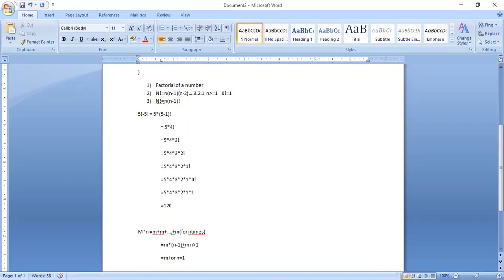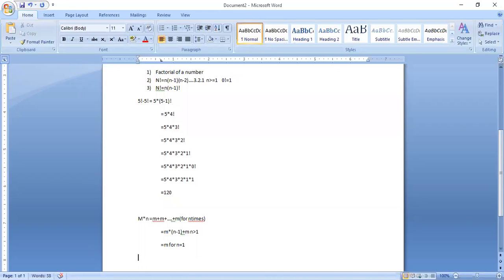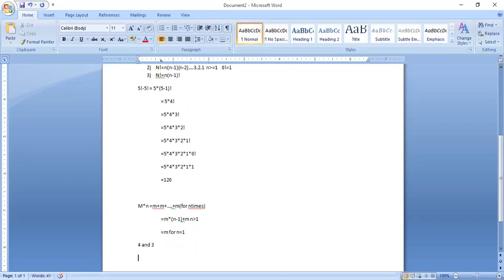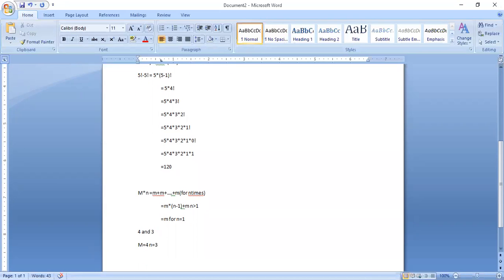Consider one example of multiplying 4 and 3. Let's see this example. We are going to take m equal to 4 and n equal to 3. Okay. So 4 multiplied by 3 is equal to 4 multiplied by 3 minus 1 plus 4.